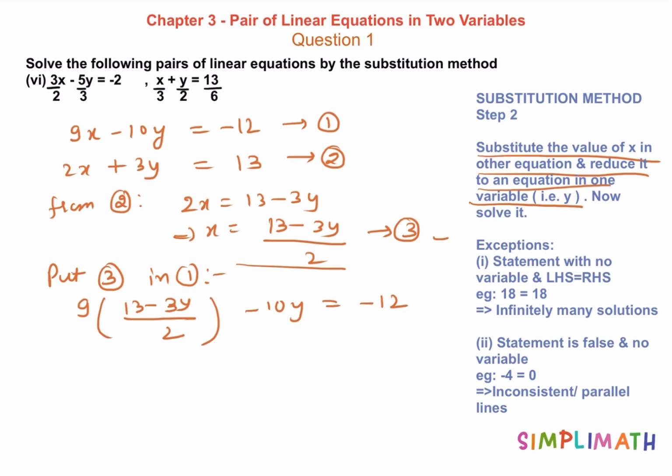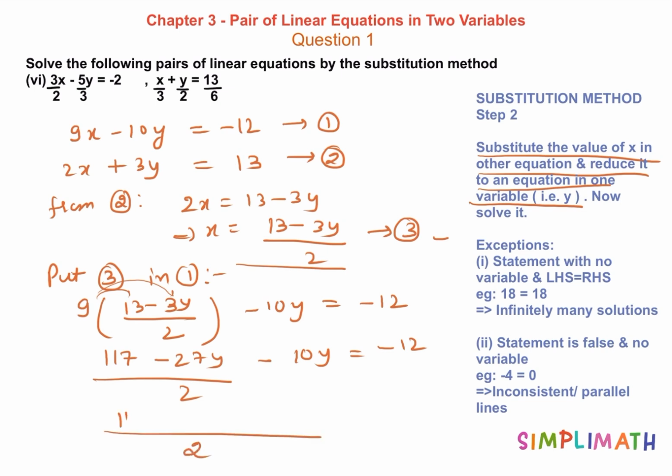So let us multiply 9 by both of these terms. So we have 117 minus 27y by 2 minus 10y equals minus 12. Now we take the LCM on the LHS. So we have 2 common: 117 minus 27y, because 2 is already in the denominator, and we multiply 2 by this, so minus 20y equals minus 12.